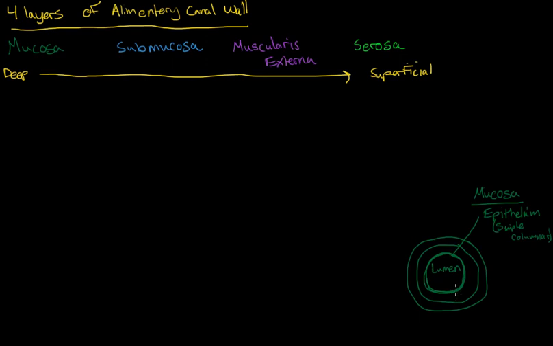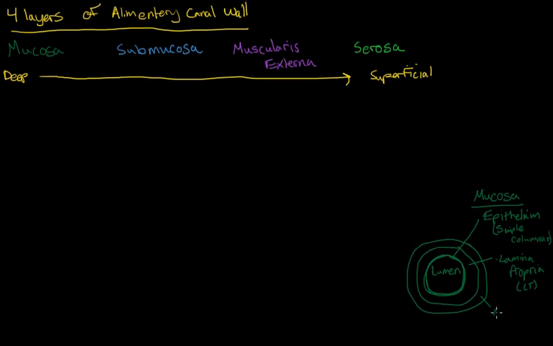Outside of that, we're going to have a layer of connective tissue, which is the lamina propria. And this is the connective tissue portion. And outside of that, we're going to have the muscularis mucosae. So our final layer of the mucosa is going to be the muscularis mucosae.